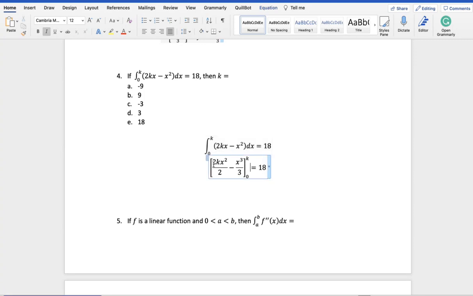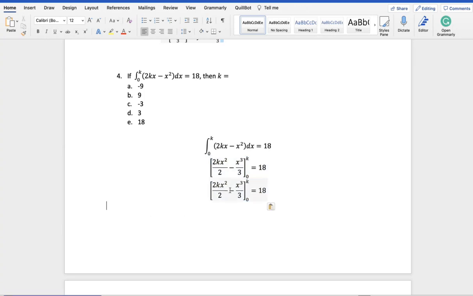When you substitute in the values for x, for the highest limit, which is k, the 2 will cancel, so this is just equal to k times k squared, which is k cubed, minus k cubed over 3.